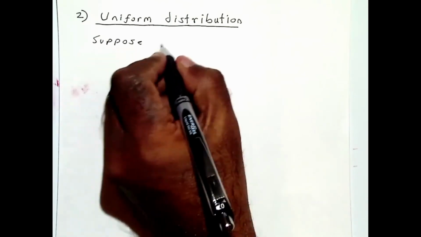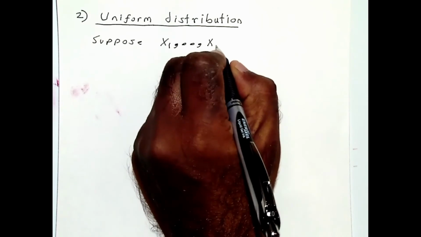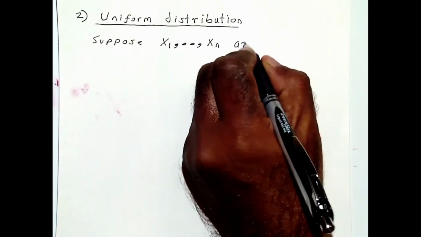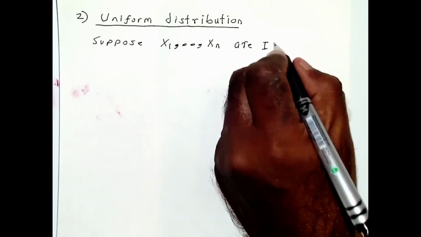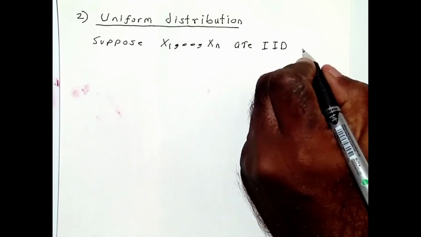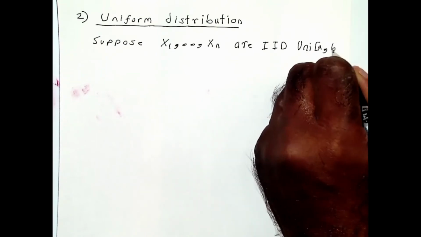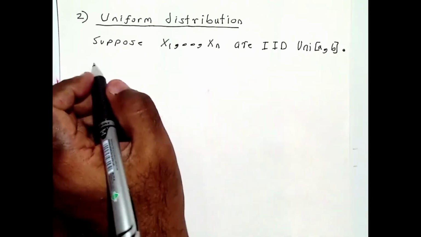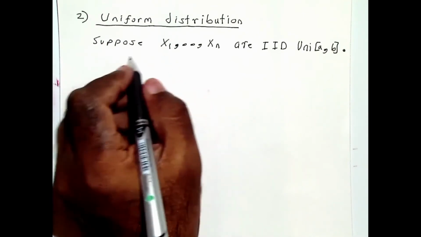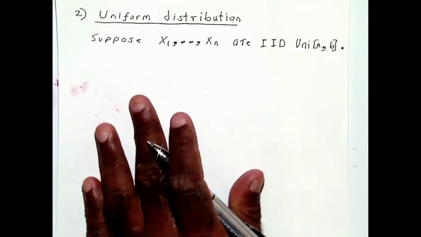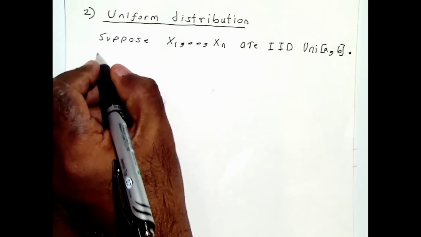Now suppose that you have a random sample IID from a uniform distribution with parameters A and B, right?